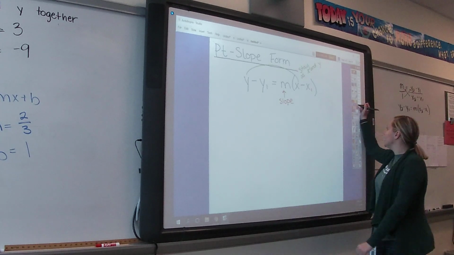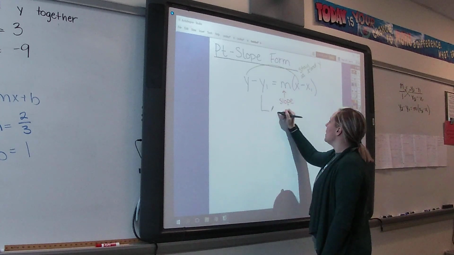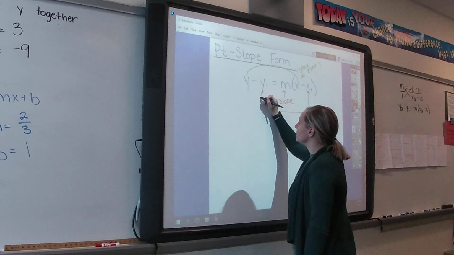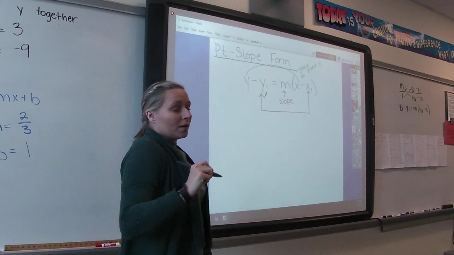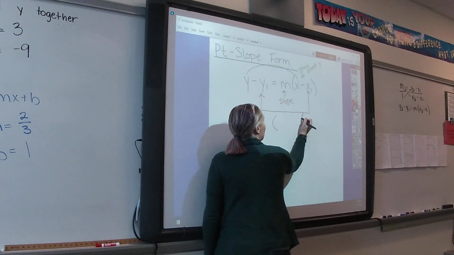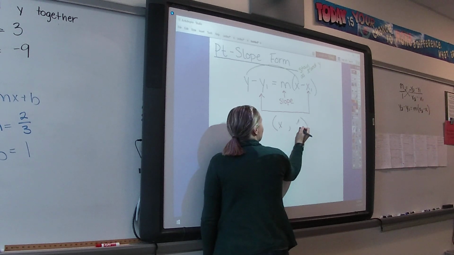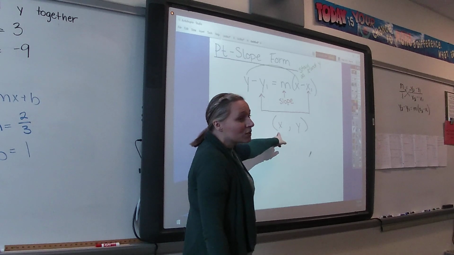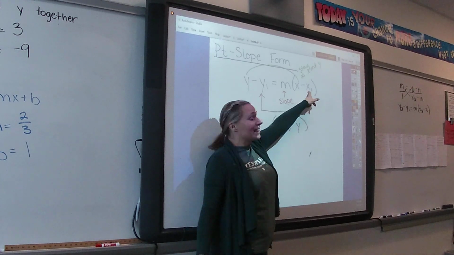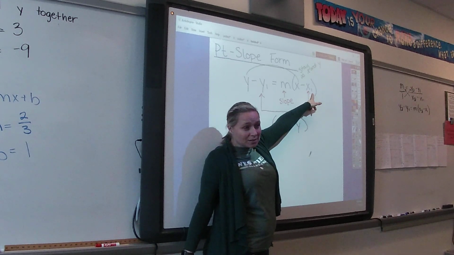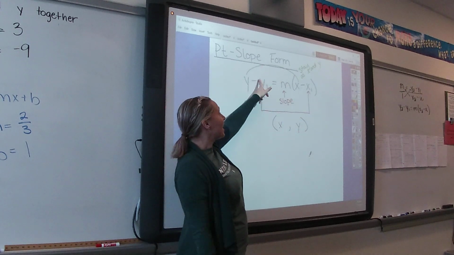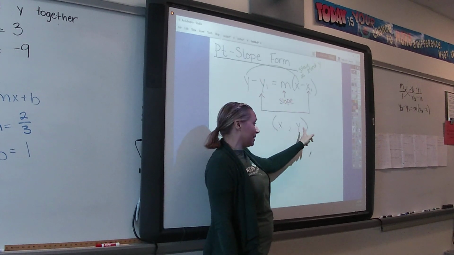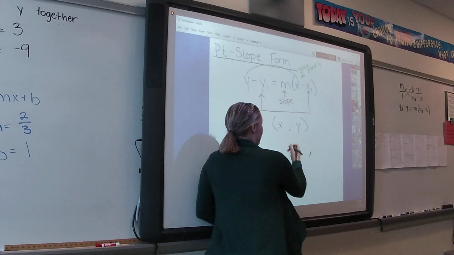The point is made up of these 2 things. Where an ordered pair is always an x, comma, y. So this is backwards. The x goes first, but it's at the end of the formula. The y goes second, but it's at the beginning of the formula.